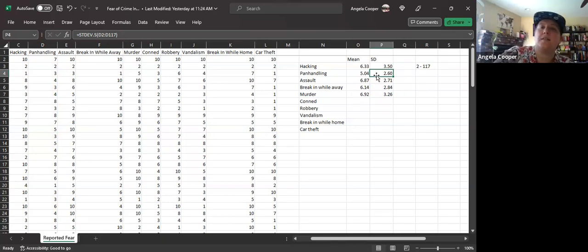The closer to 0 our standard deviation gets, the closer to the mean those responses of 116 are. And the further from 0 it gets, each score gets a little higher, that's showing that each of those strays further and further from their respective mean. So why would there be different dispersions for these different crimes?